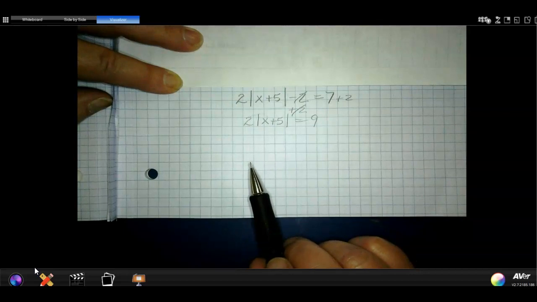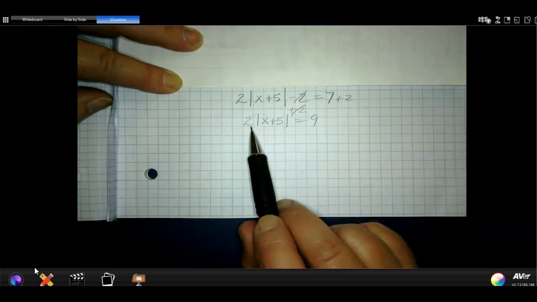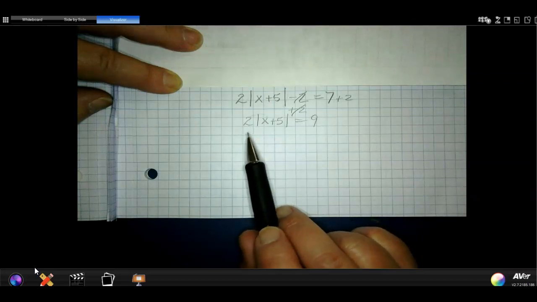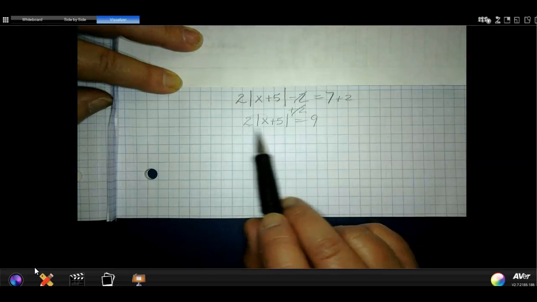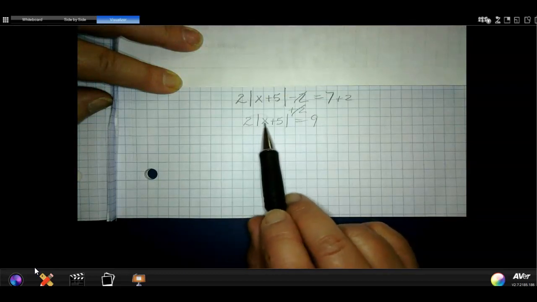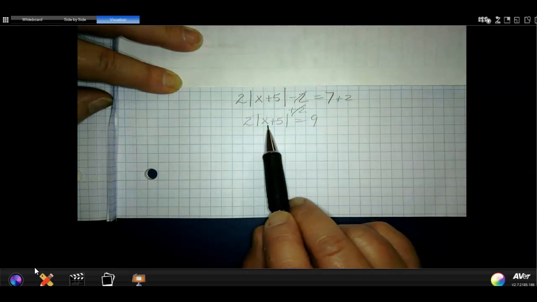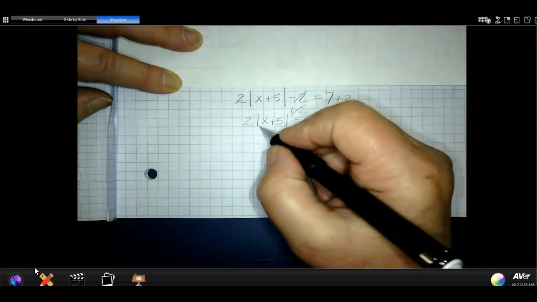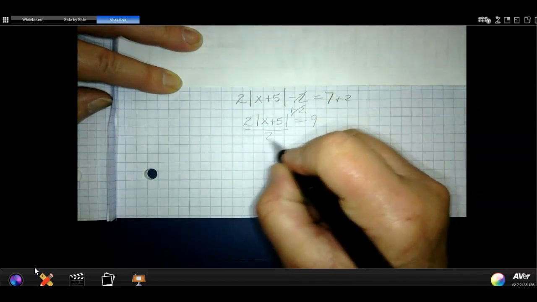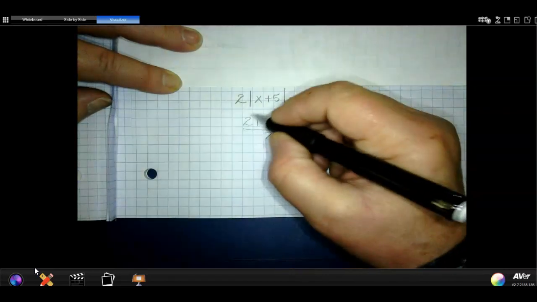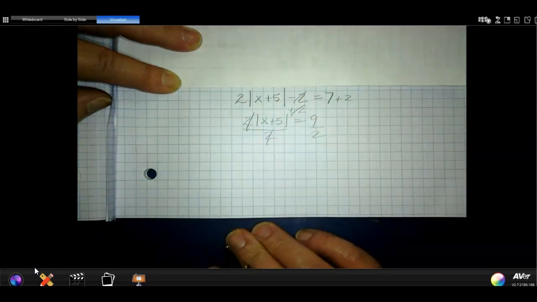But I'm going to ask you not to do that, because when you do that, you give yourself another step. You're just going to have to divide by 2 anyway, because you can see you're going to be multiplying 2 times x. So let's just divide by 2 straight away and get that out of the way.